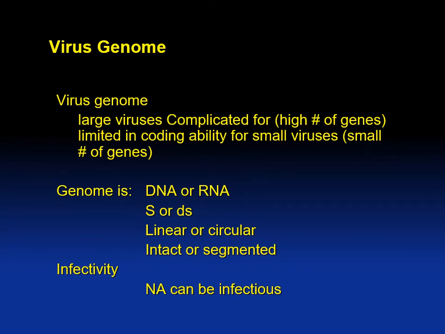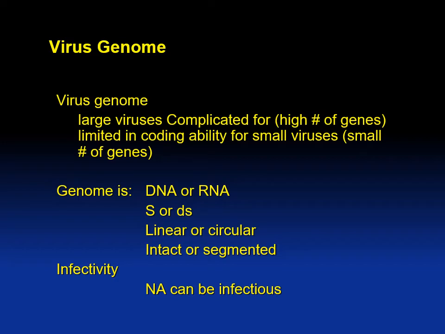Now, we said the genome is the nucleic acid. What we saw at the beginning is that there are viruses which have a very large structure, while some viruses have very tiny structures. Those viruses which have large structures are usually complicated, and they tend to have a high number of genes.